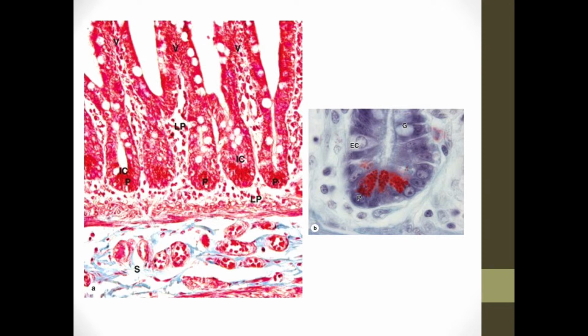It's jejunum. Yes, it's the jejunum, and you can see the crypt, and it's very easy to find the Paneth cells, they contain very acidophilic granules, and these are large granules.